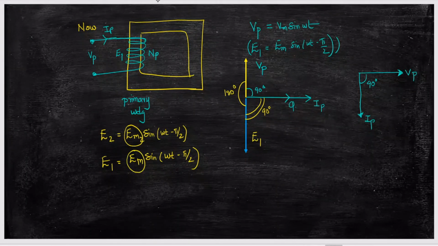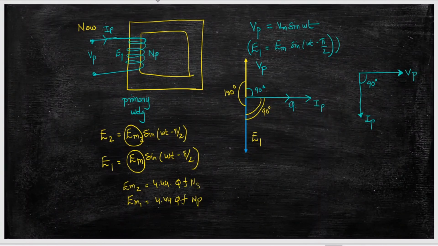Suppose this is Em2 and this is Em1, where Em2 is equal to 4.44 phi f NS, and Em1 is 4.44 phi f NP. So Em1 is not equal to Em2.